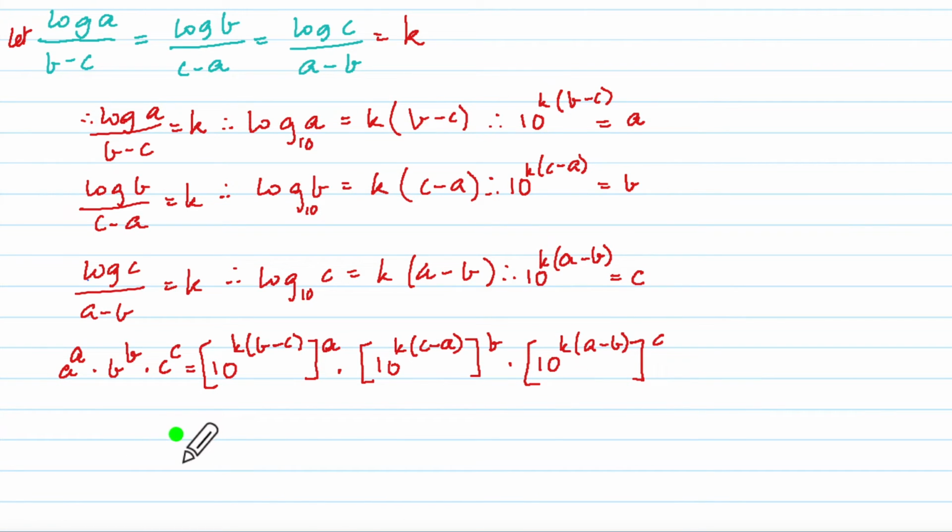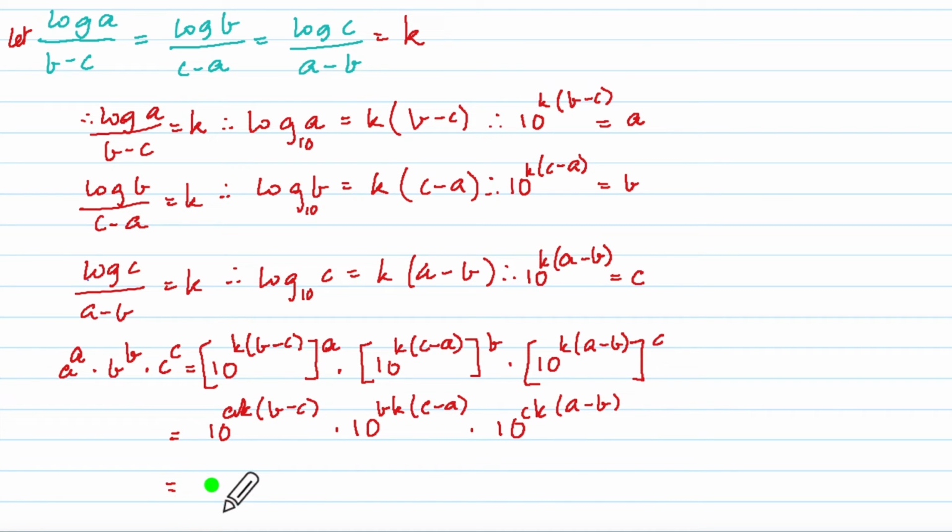Okay, so that will be equal to 10 to the power, here it becomes ak into bracket b minus c, into 10 to the power bk into bracket c minus a, into 10 to the power ck into bracket a minus b. Correct? So we will have 10 to the power, here k will be common for all.